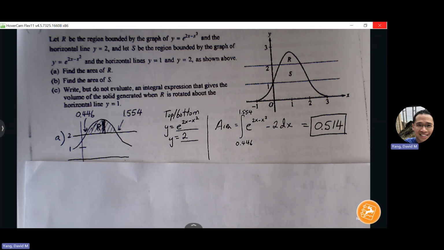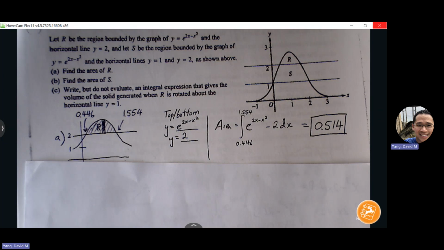more efficient? Yeah, so why don't we find the area of this entire region here? And then that will give us the region of R plus S. Right, we do top minus bottom for that region. And then we just subtract R, and if we subtract R, then we're left with S. So I think that would be more efficient.